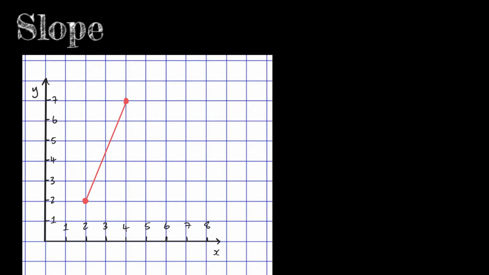So the slope of this line is going to be the rise and the run is going to be 2. And we can see that there. Okay.